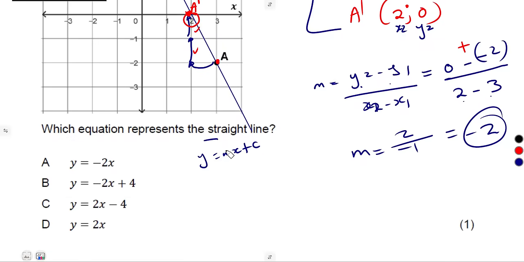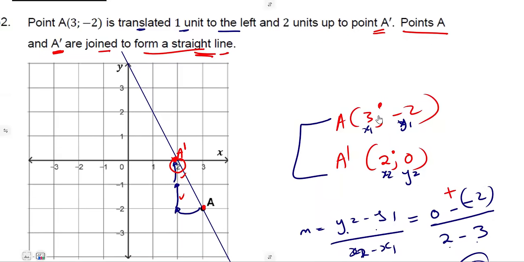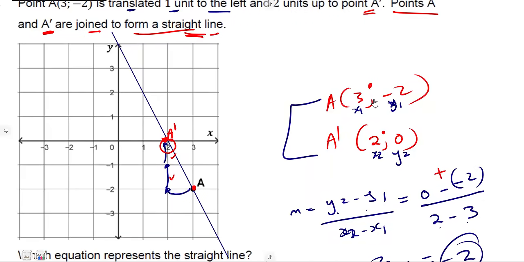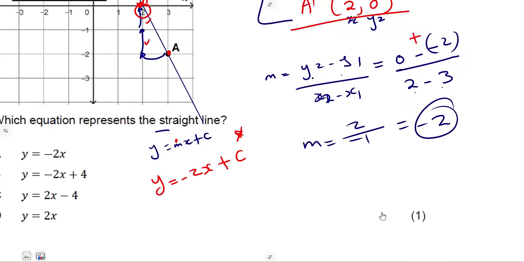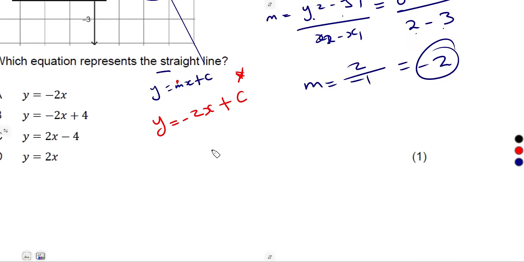Substitute this into m: y is equal to minus 2x plus c. C is the y-intercept, which I can find by substituting any of these 2 points. So I can choose A or its image, which is 2, 0. I'm just going to use the point 2, 0, because there is a 0 there and I want to take advantage of it. So y is 0 and x is 2.